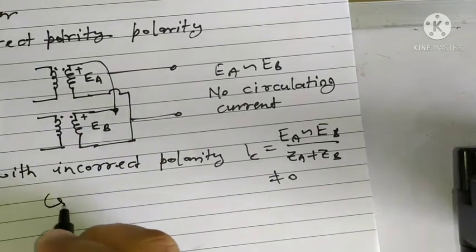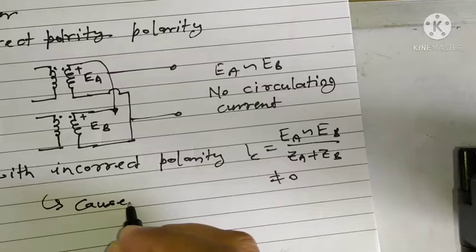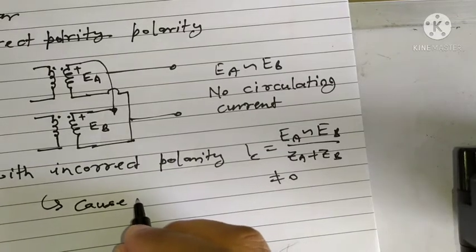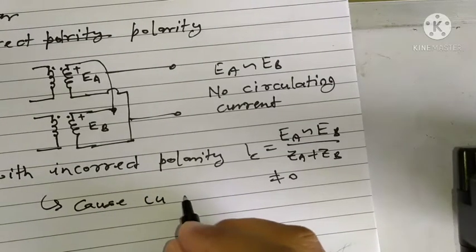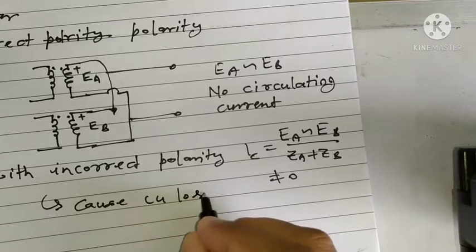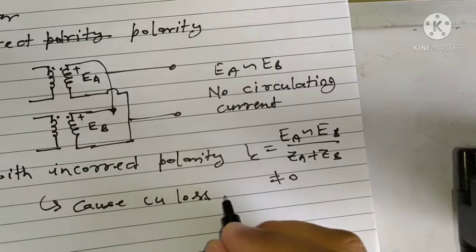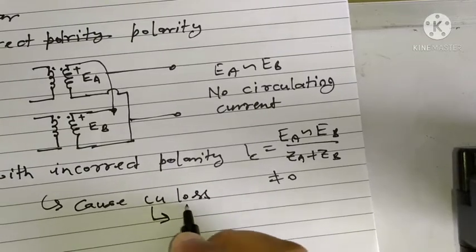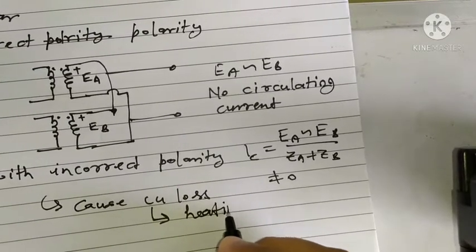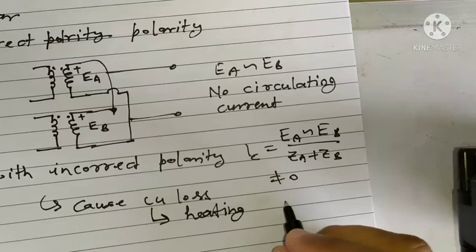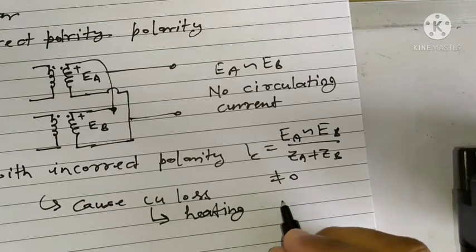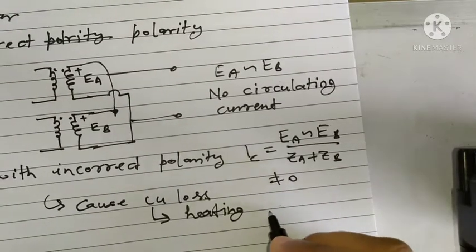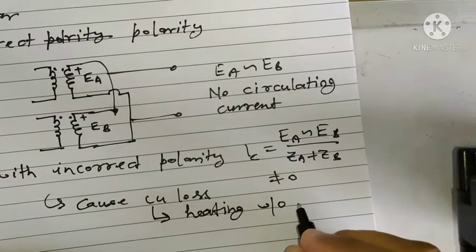Therefore it will cause more copper loss, resulting in heating of the transformer without any useful output.